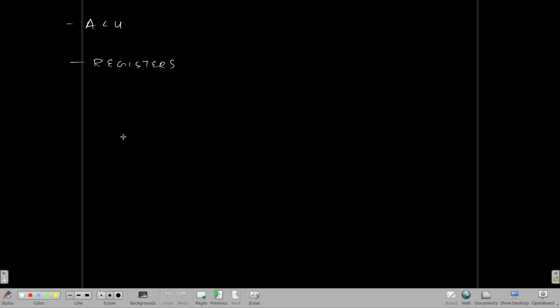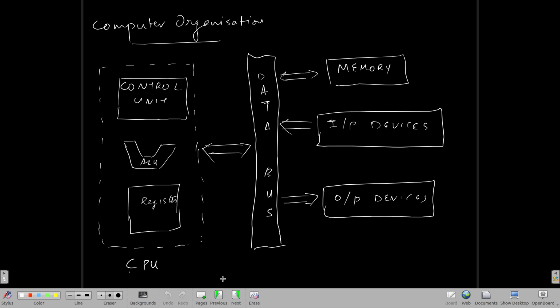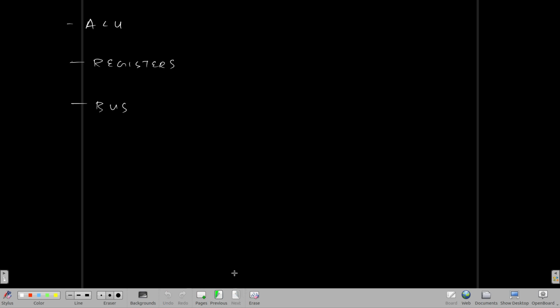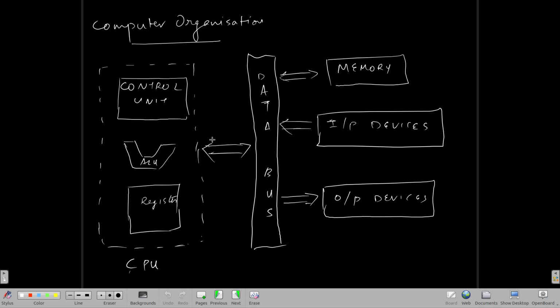We have the bus. We have memory. We have input-output devices. Okay, so this is the interconnection.